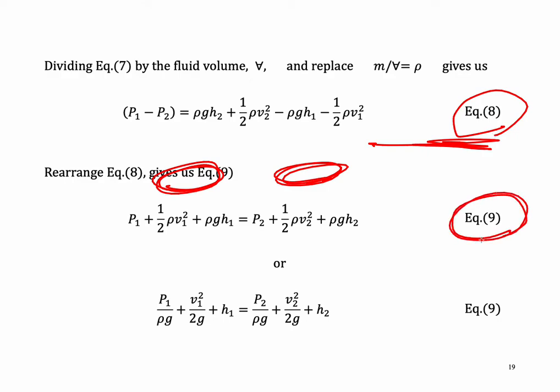In some textbooks, you will find that people write this equation differently. Instead of pressure plus 1 over 2 rho v squared plus rho gh, people will write P over rho g plus v squared over 2g plus h1, where 1 means inlet and 2 means outlet.